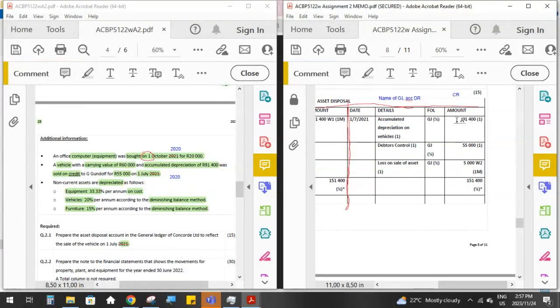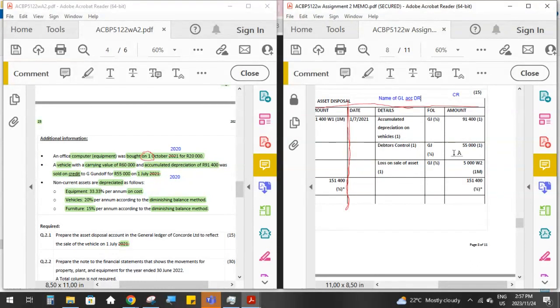So if I credited asset disposal with 91,400, this tells me that I debited accumulated depreciation on vehicles. So I immediately can see the double entry of this 91,400. I credited asset disposal with 55,000. I can immediately see here that debtors control got the debit for 55,000.